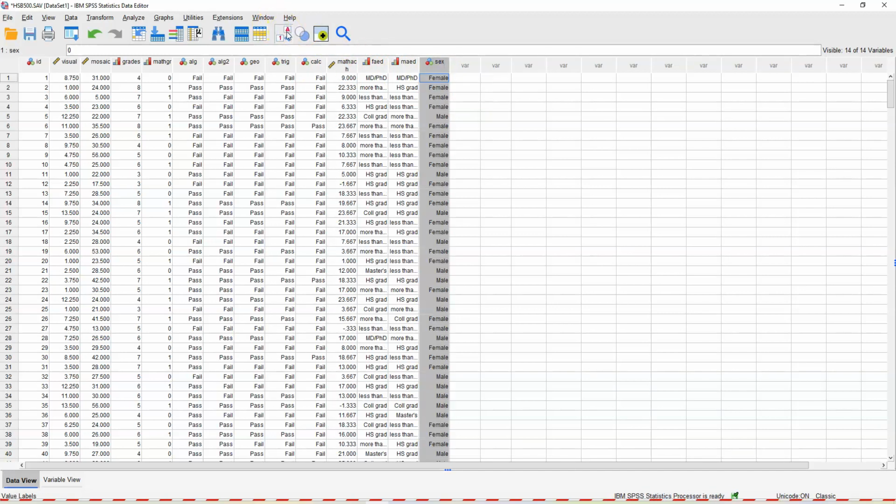You can take a look at the actual data, written up in another format.